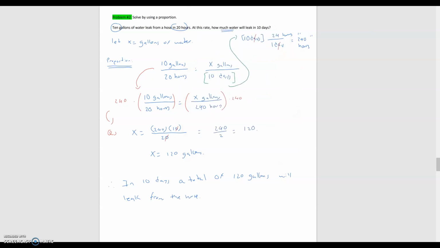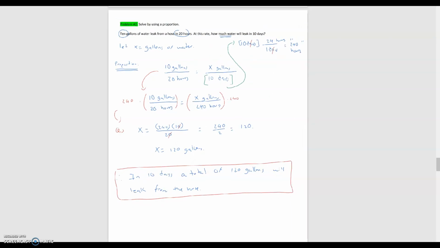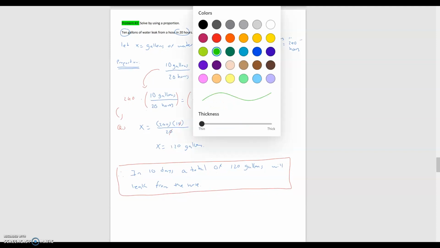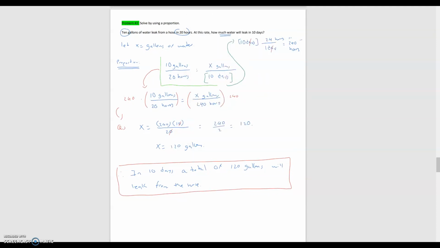And that's actually it for this problem. Once again, the main idea is that they want us to set it up as some sort of a proportion, some sort of two fractions equaling each other. And that's it.